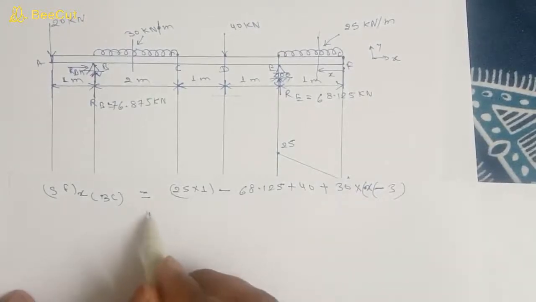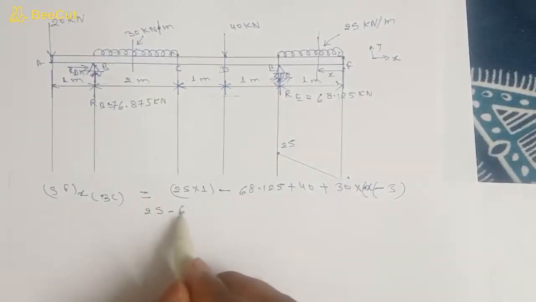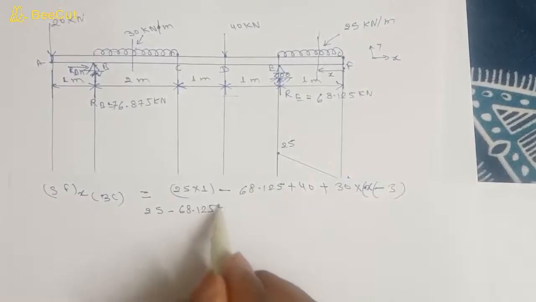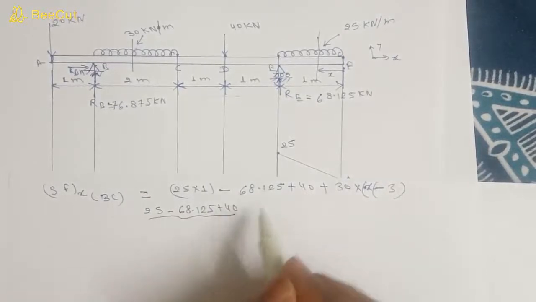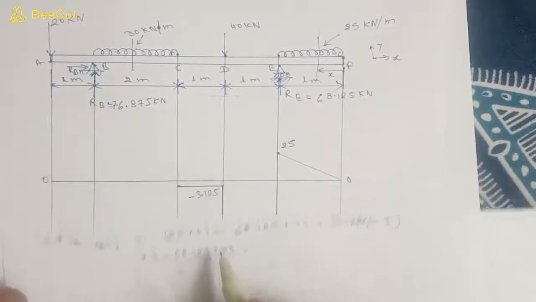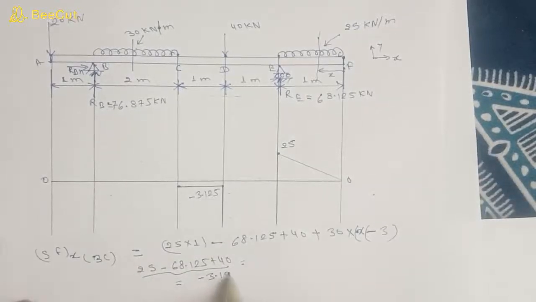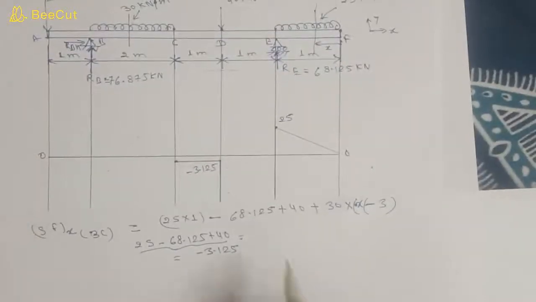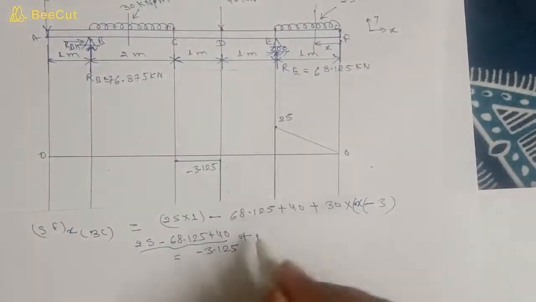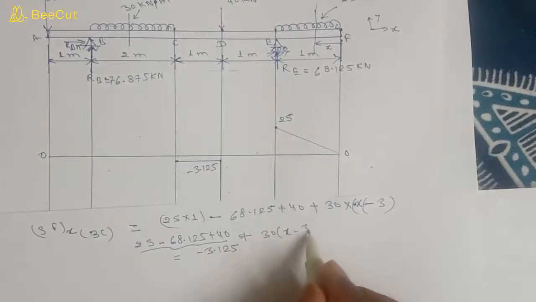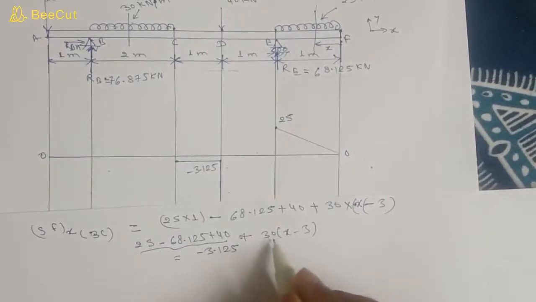So we will get 25 minus 68.125 plus 40, which will become minus 3.125 plus 30 into x minus 3. So this is the equation of a line.